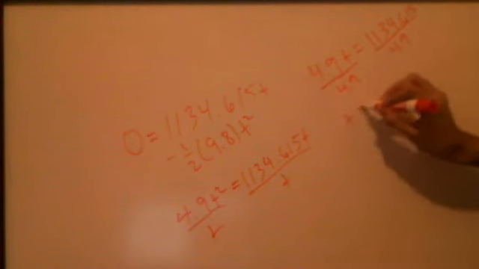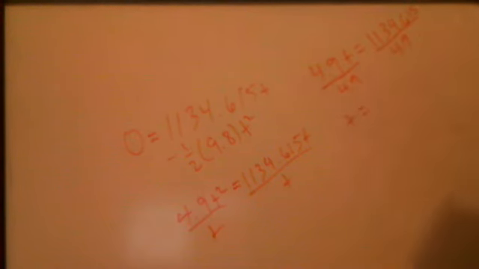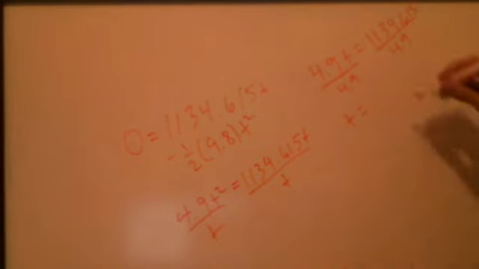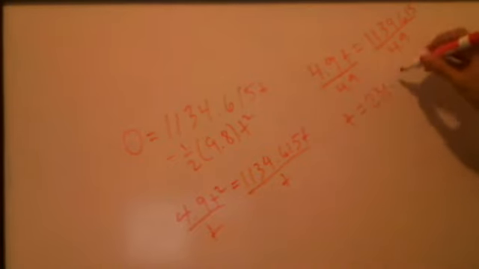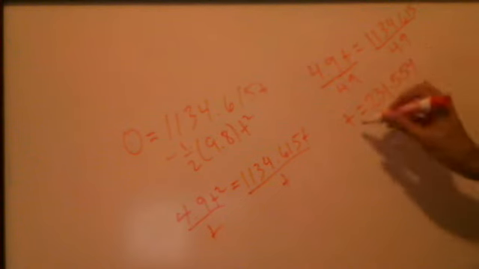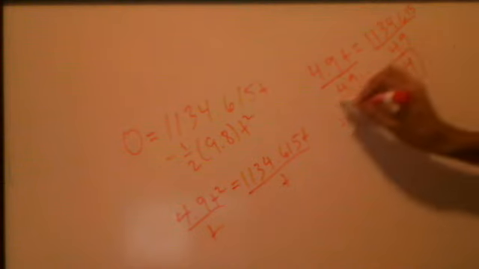So time is equal to whatever that is, I'm about to figure that out, divided by 4.9. It'll end up being 231.554. And that is your answer.